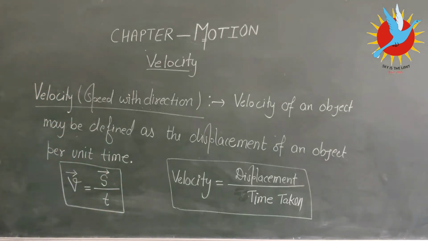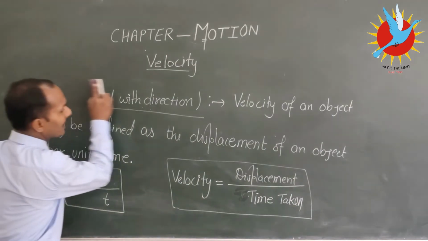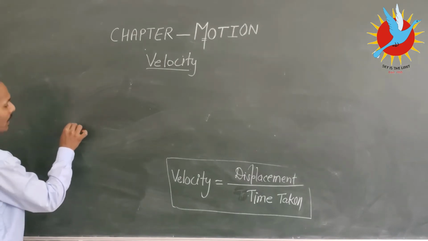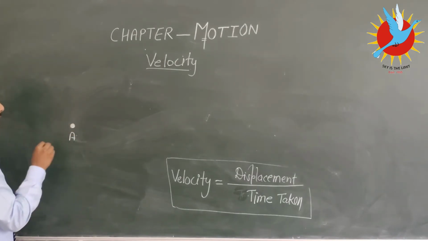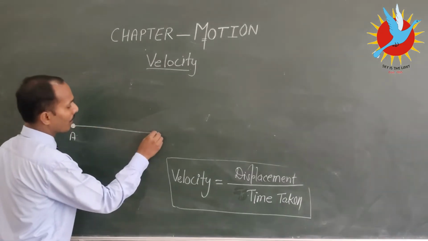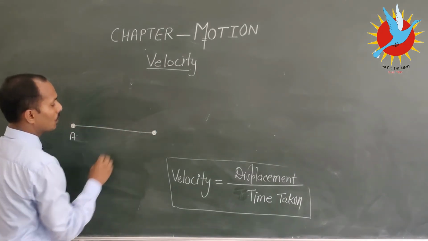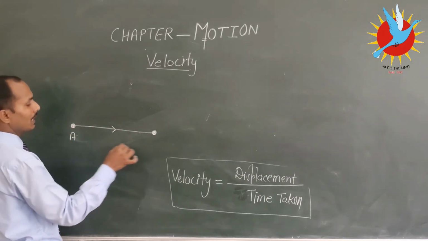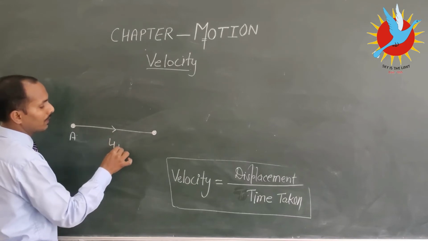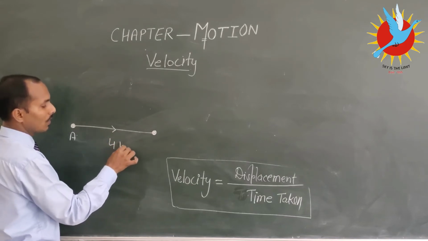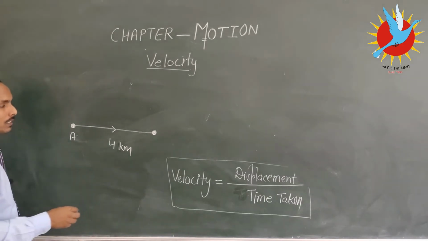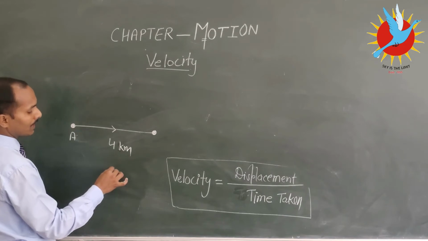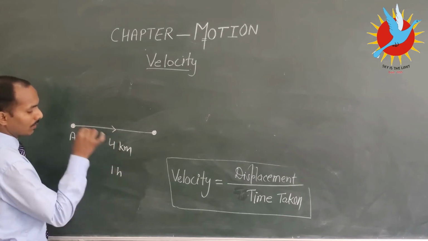Take an example. Suppose a person starts their journey from A towards east and covers 4 kilometer distance in 1 hour.